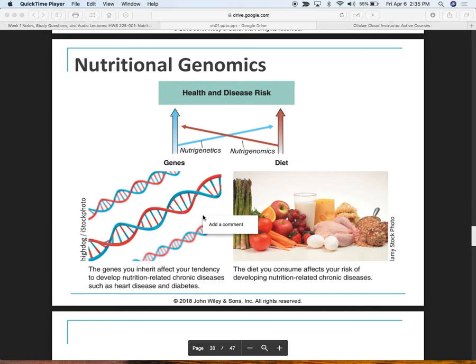Okay? Now, there's one more layer to this, which is called epigenetics. You should write that down because I'm not sure it's in the notes. Epigenetics is how nutrition and exercise alter the structure of the DNA.